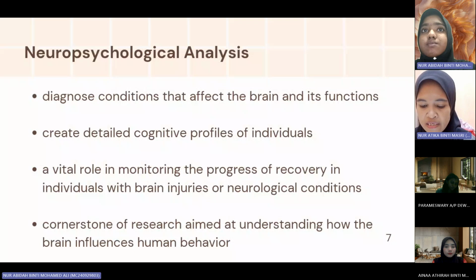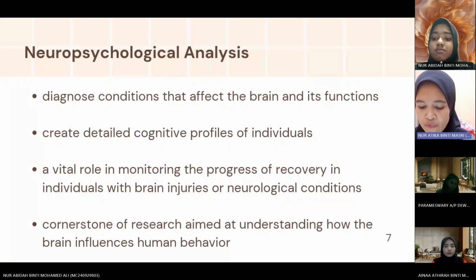For example, in the case of dementia, neuropsychological evaluation has distinguished Alzheimer disease from other types of cognitive decline, guiding appropriate medical and therapeutic interventions.